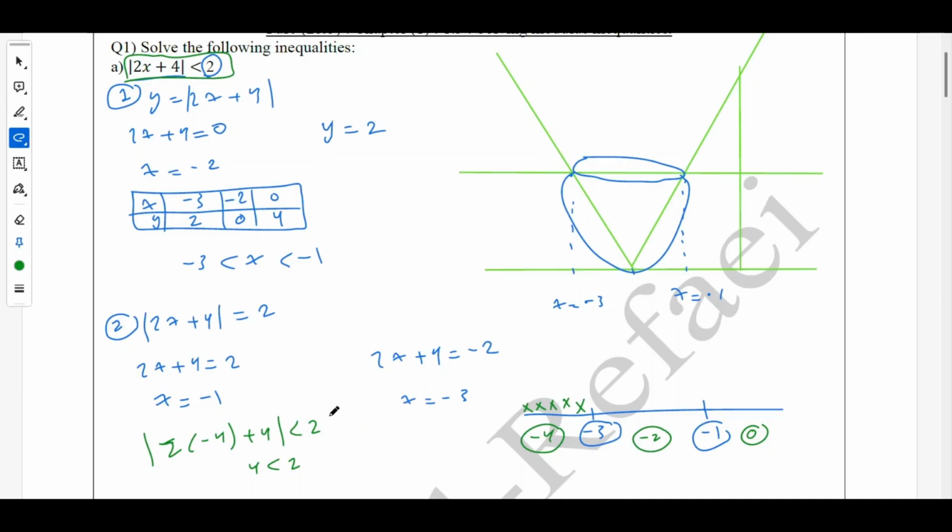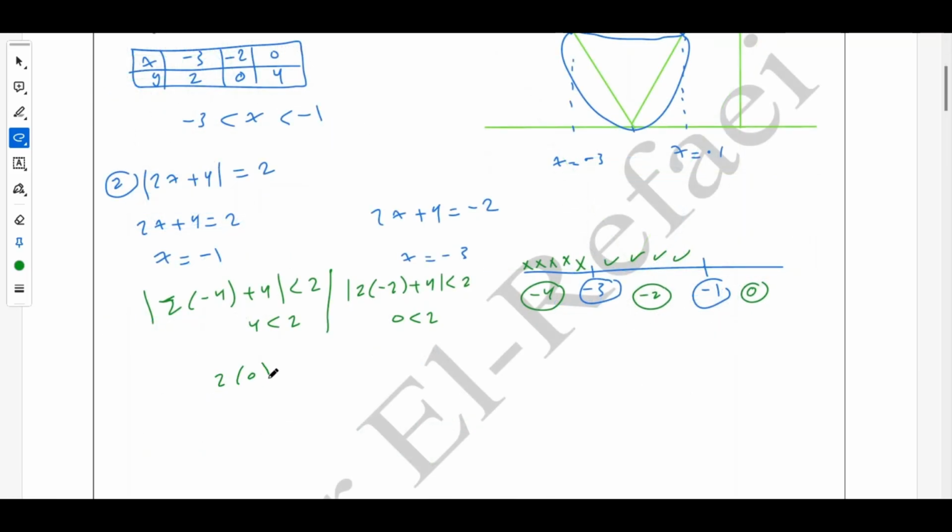Let's use negative 2. 2 by negative 2 plus 4, modulus, less than 2. 0 less than 2, so this gives me a correct inequality. 2 by 0 plus 4 less than 2. 4 less than 2 is an incorrect inequality. To have a correct inequality, x will be more than negative 3 and less than negative 1. I hope this is clear, students.